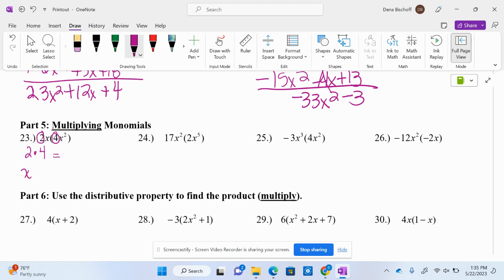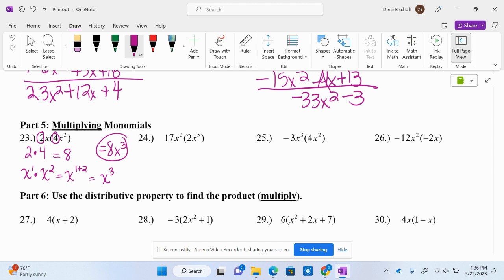And with the variables, when you have the same base and you're multiplying powers, what is the rule for the exponents? You add them. Good job. So 2 times 4 is 8, and 1 plus 2 is 3. So your final answer is 8x cubed.